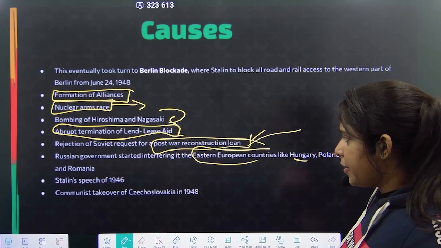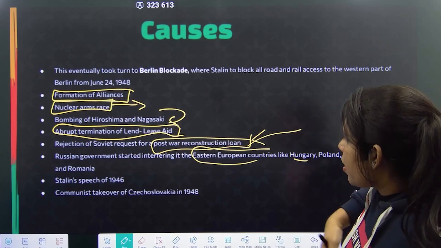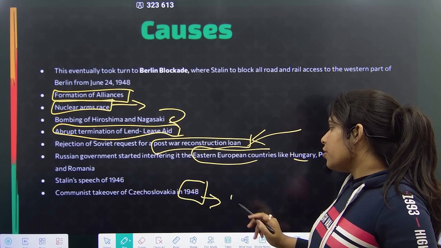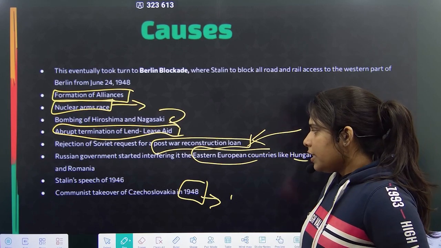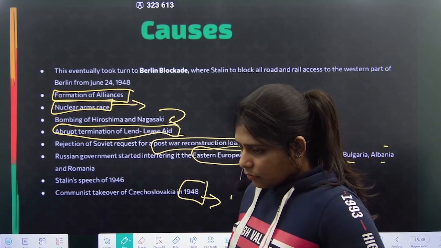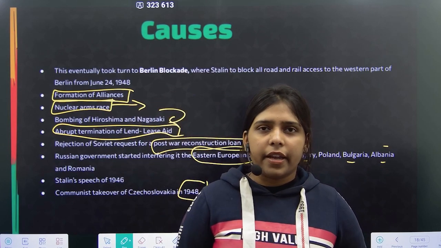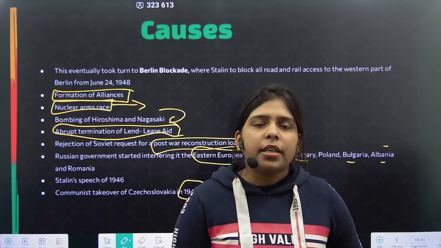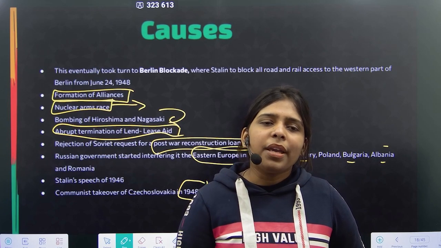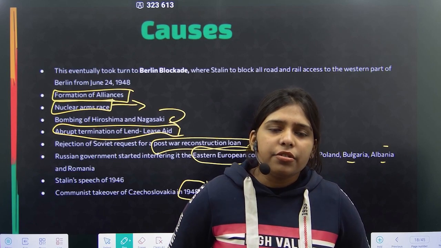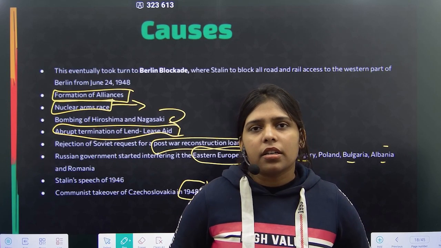That's what he said. And in 1948, we see that the communist regime takes over Czechoslovakia. See, Czechoslovakia, communist regime, perfectly fine. But the people over here, they were trying to democratize themselves a little bit.